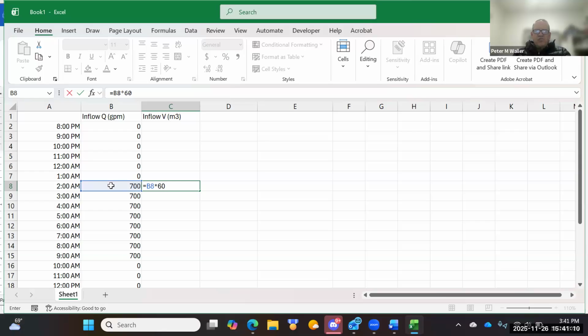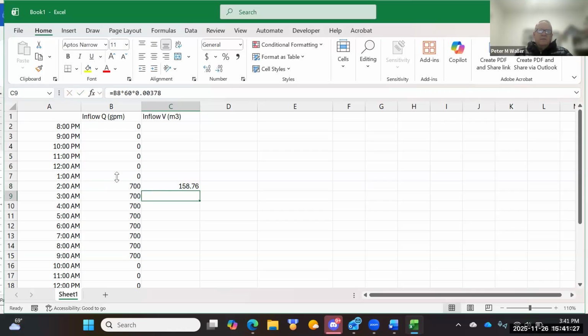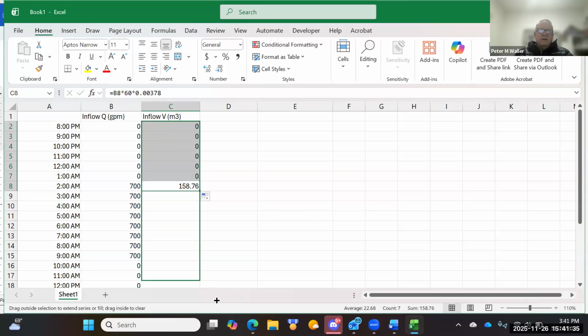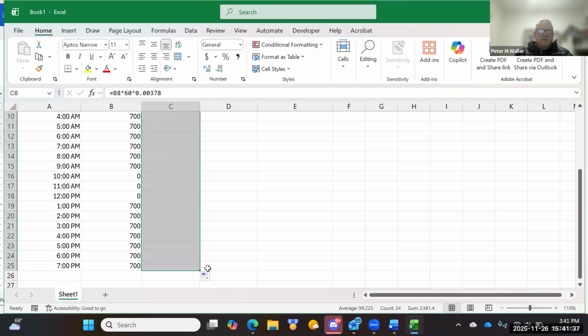And I'm going to multiply times 0.00378 to convert from gallons to meters cubed. Okay. And then I'm going to fill up and down. So that's how much water I'm putting in my reservoir every hour.